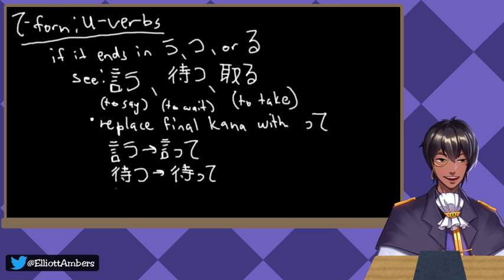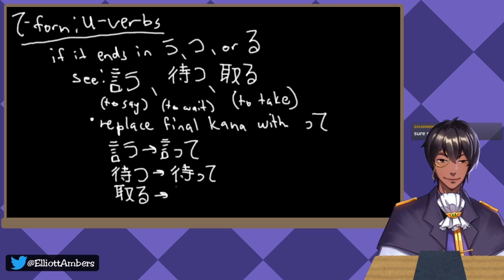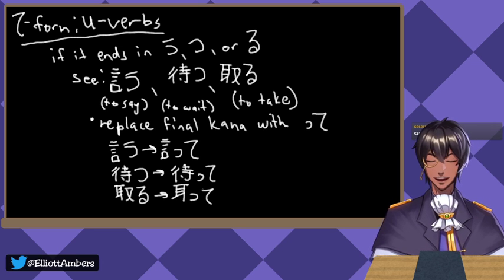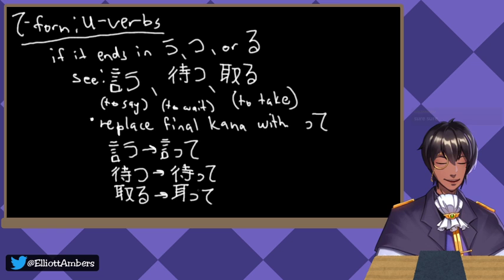So, here we have toru, to take. Toru becomes, I actually think my stroke order is all kinds of messed up for this one, totte. So please take, or take this please.